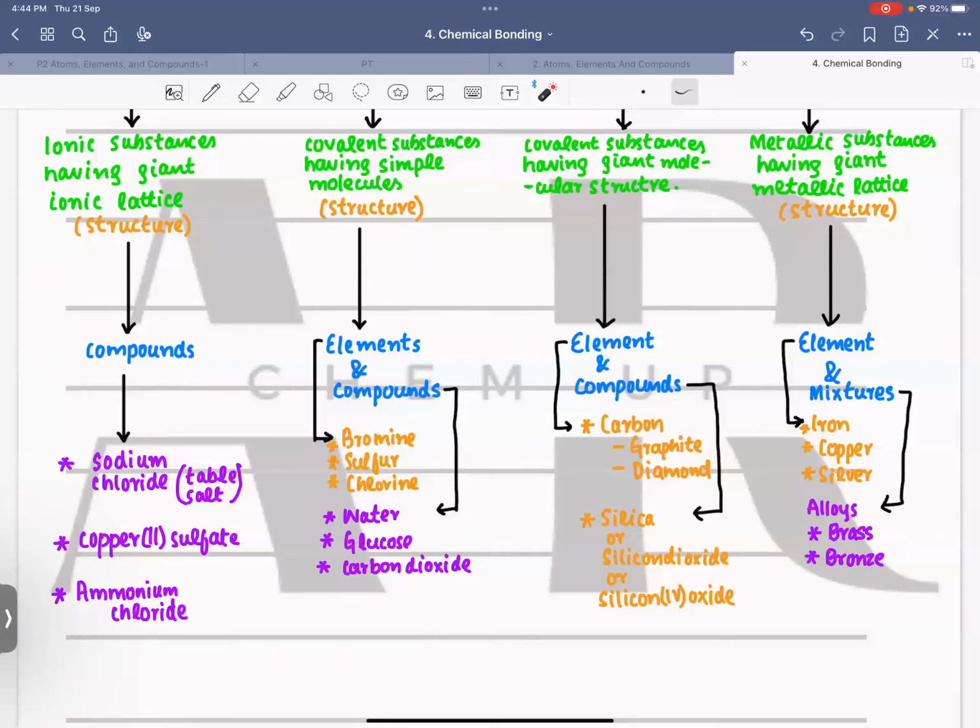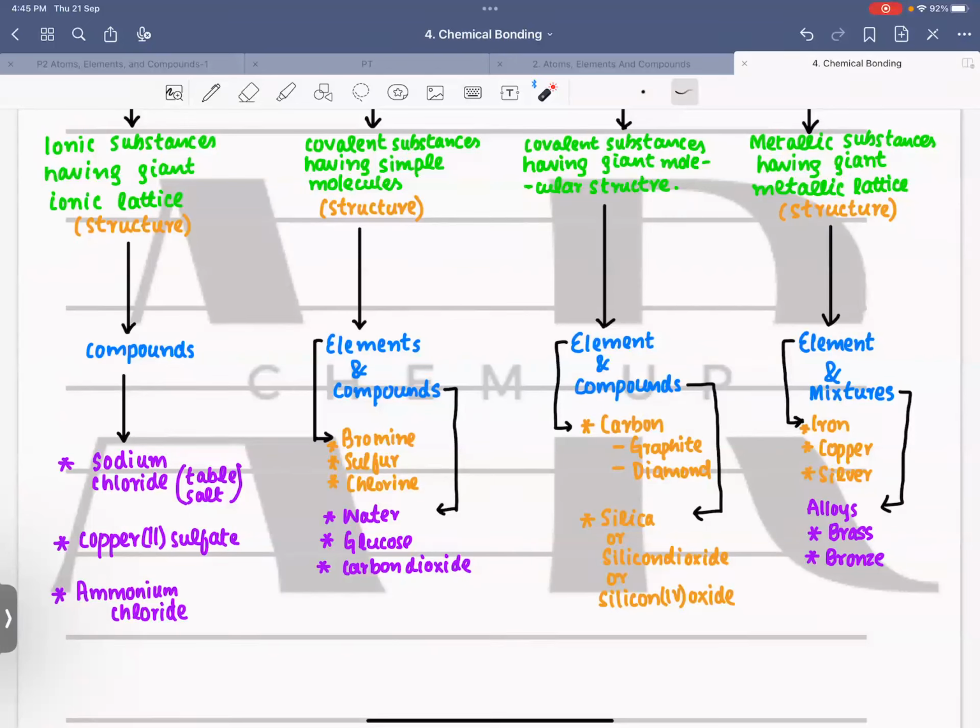Okay. And sir, what are alloys? Alloys are mixtures, like stainless steel is an alloy, where two or more metals, or a metal with a non-metal, mix with each other; that is called an alloy. Like the stainless steel that we use for cutlery is an alloy.